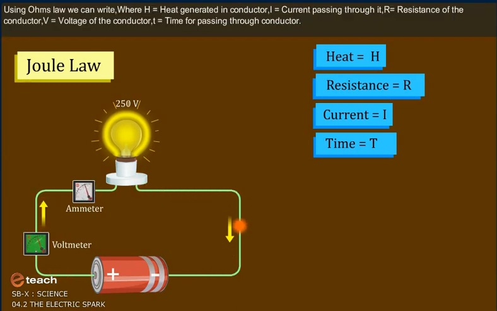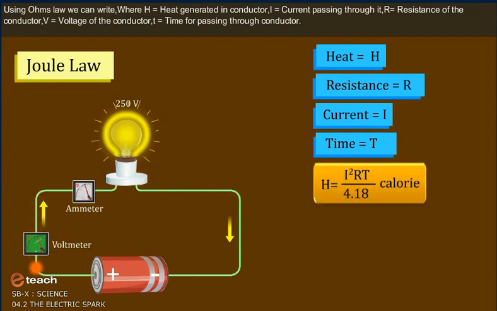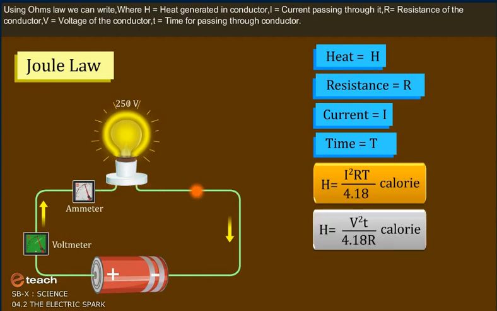Now, using Ohm's law, we can write H is equal to I square RT upon 4.18 calorie. That is, H is equal to V square T upon 4.18 R calorie.